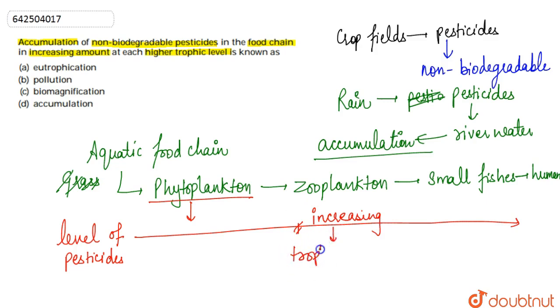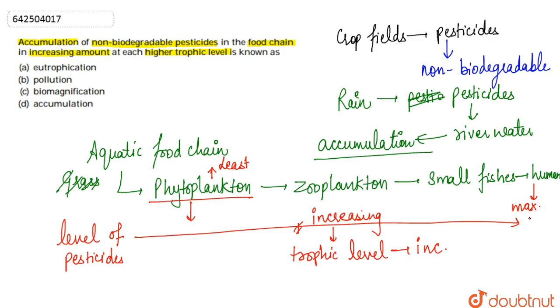So in the phytoplanktons the concentration of these chemicals will be least, and the concentration of the pesticides will be seen maximum in the humans.